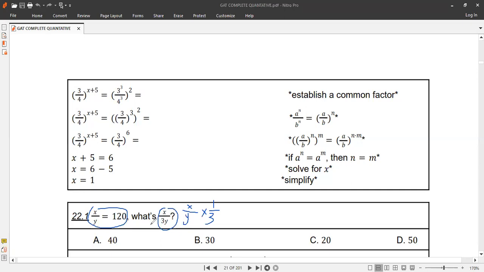We have x over y equals 120. So 120, we can write 120 over 1 multiply 1 over 3 equals 120 over 3 equals 40.